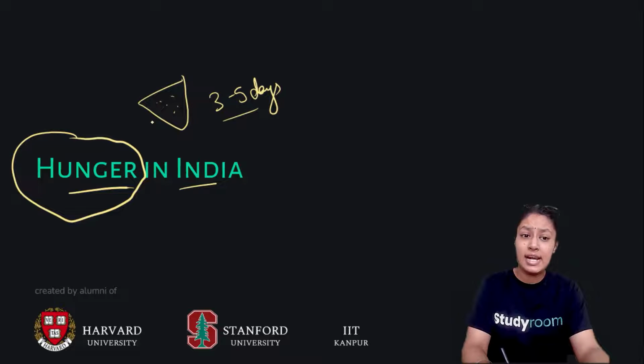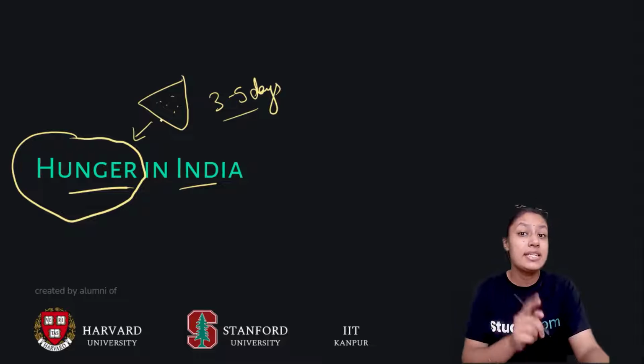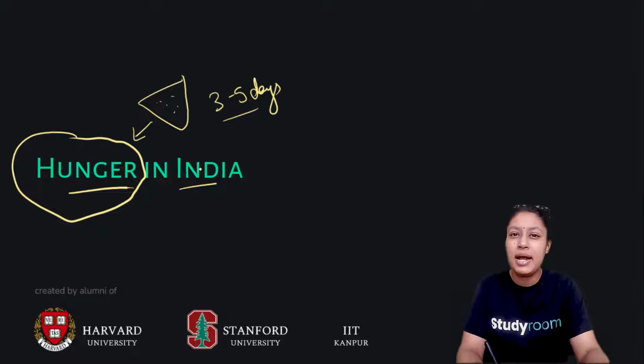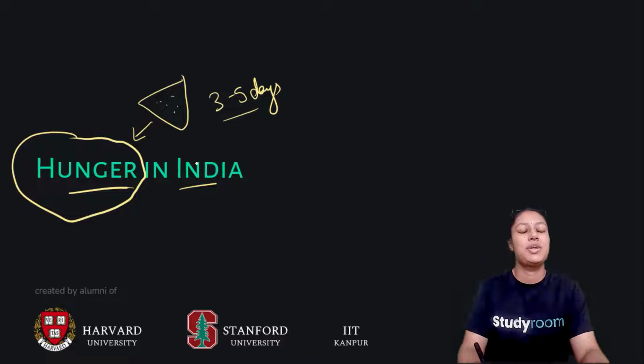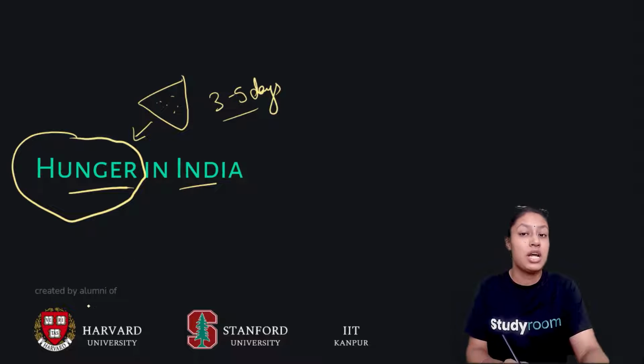Do you think that can be hunger? And this kind of hunger can be problematic in our country? No, that's not how we measure hunger in India. Let's study what a big problem hunger is, especially in our country.